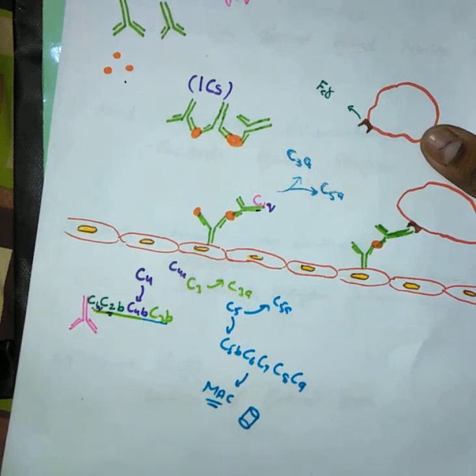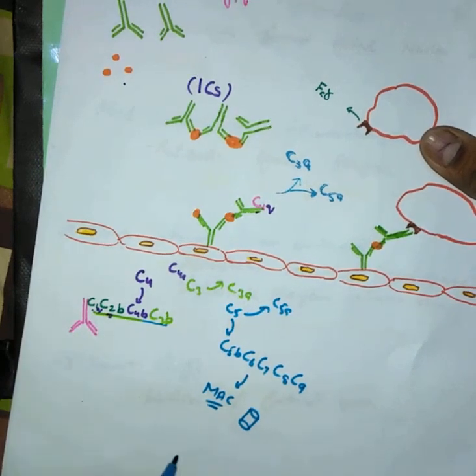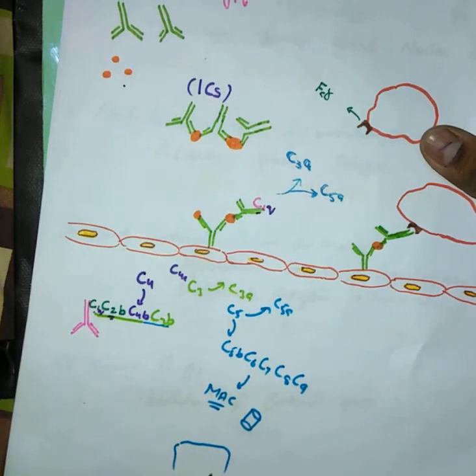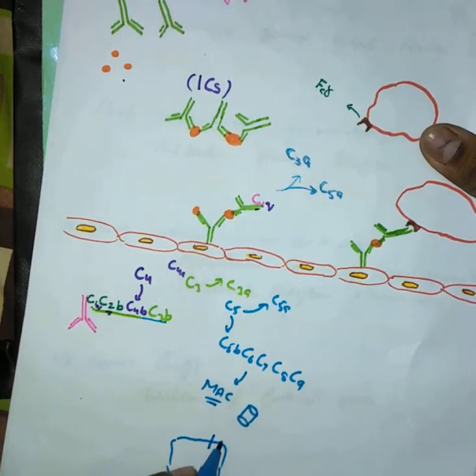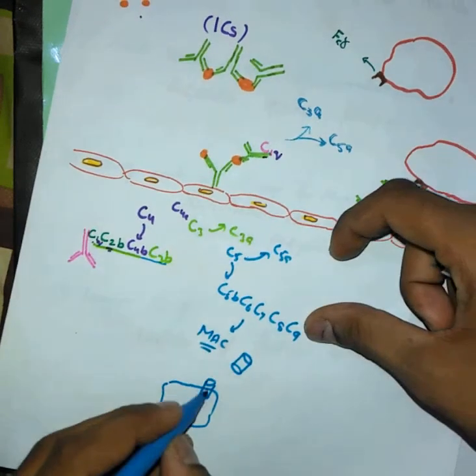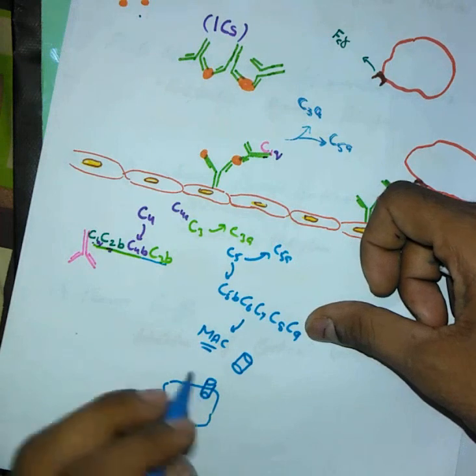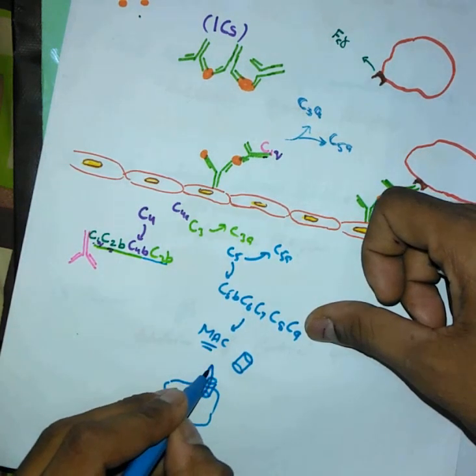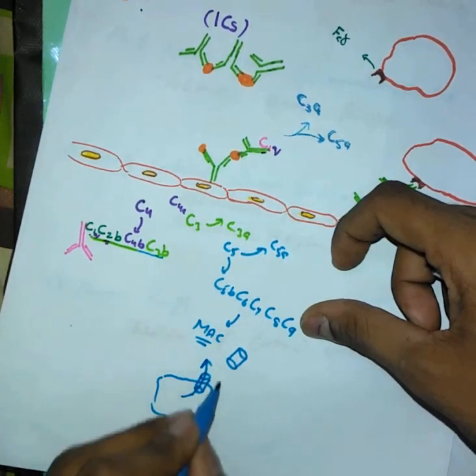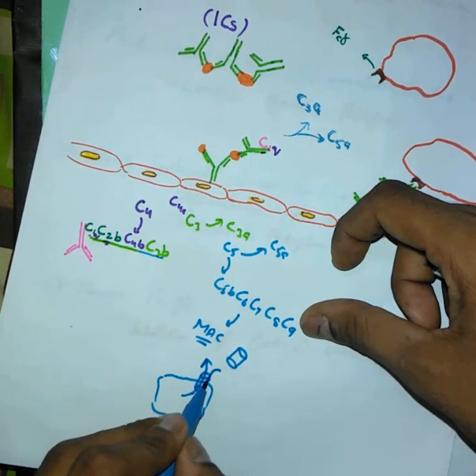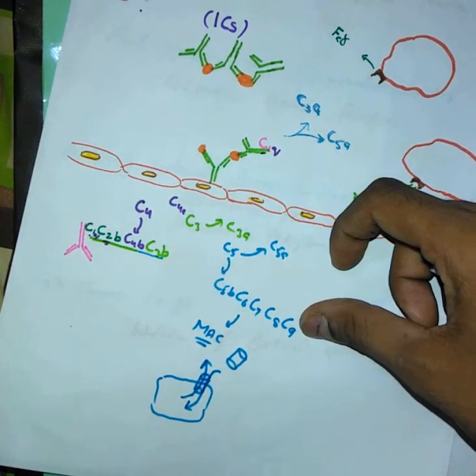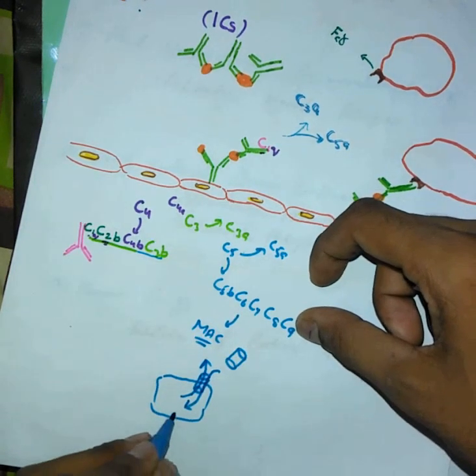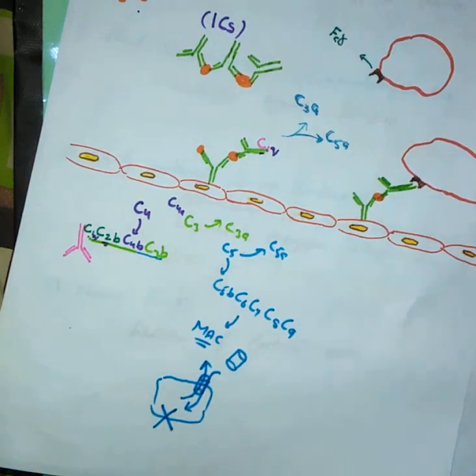Once this pore-like structure attaches to a nearby bacteria or pathogen, a pore will be created in the wall of the pathogen, and obviously permeability will be disturbed. The required components will start leaking outside of the cell, and undesired harmful components will start getting inside the cell. Ultimately, the survival of this bacteria will not be possible.